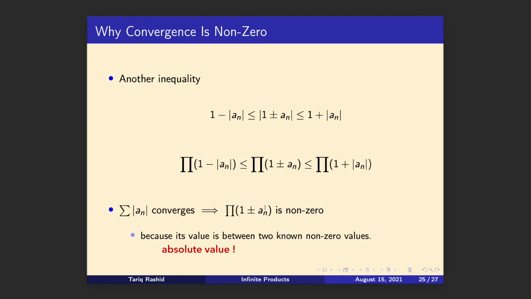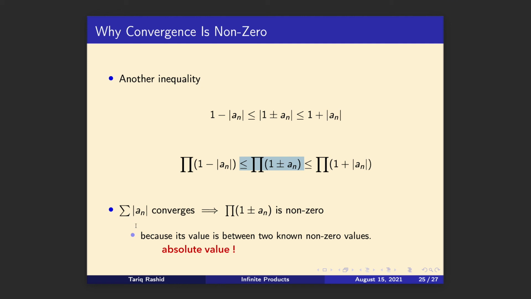So let's restate that. This product has a complex number in. We're not taking the magnitude here, but we know it's going to be less than this quantity and more than this quantity, and we've just shown in the last two slides that this is non-zero if it converges, and this is non-zero. So this is going to be between two non-zero values.